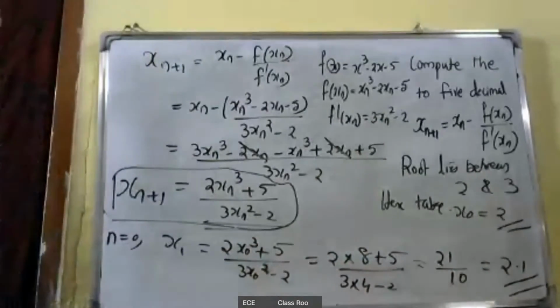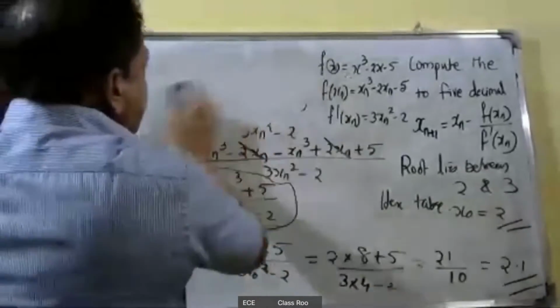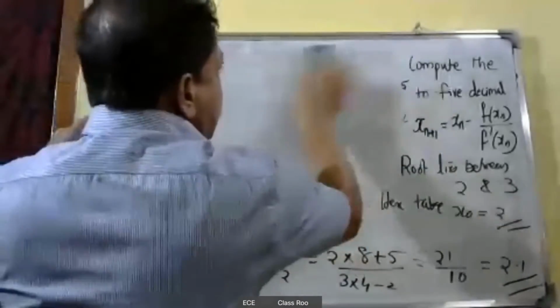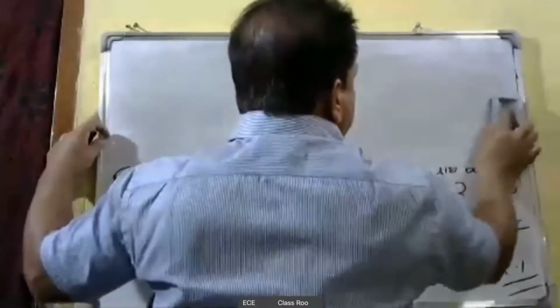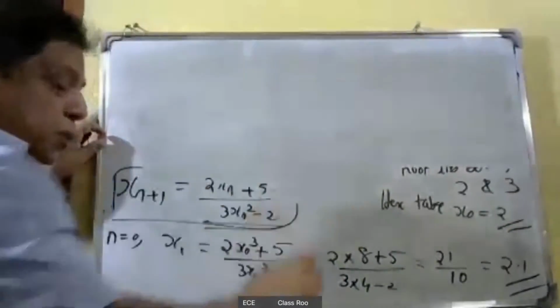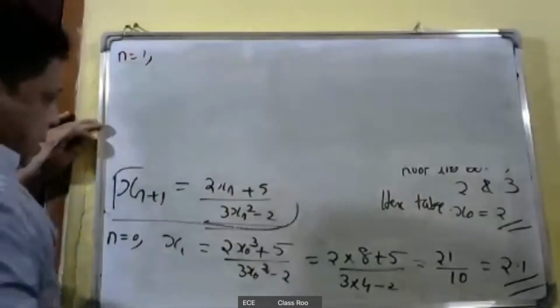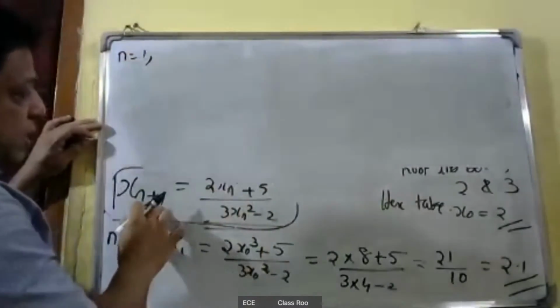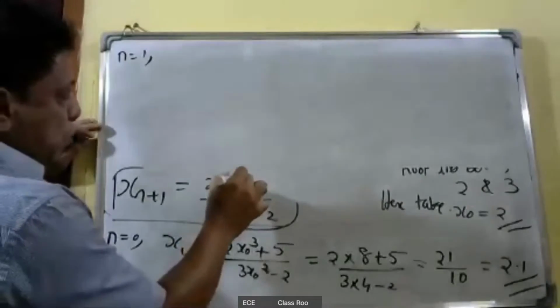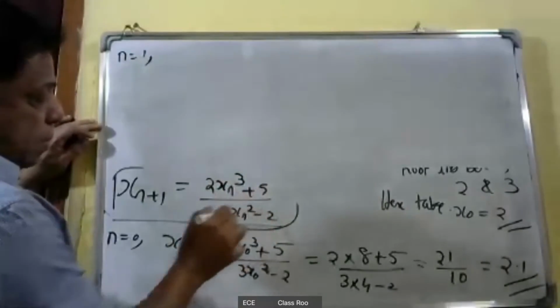Then we can find the next value. Put n is equal to 1. Then xn plus 1 is equal to 2xn cube plus 5 by 3xn square minus 2.